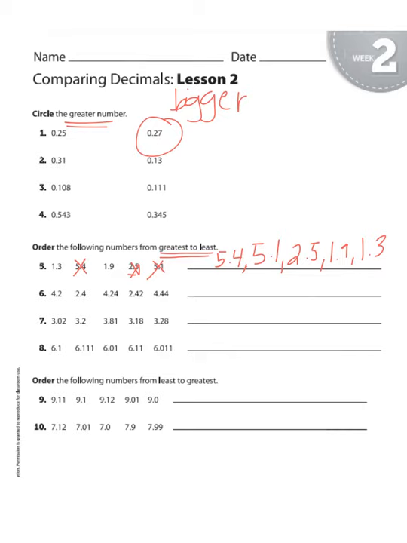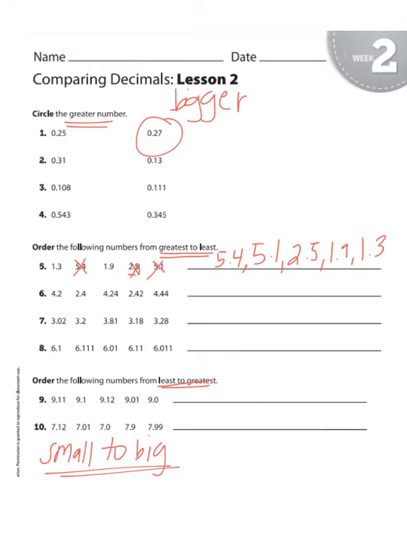And then on 9 and 10, you're going to order the numbers from least to greatest. So on number 10, you're going to go from smallest to biggest. I'll make a little note down here. Small to big. So on number 9, we have 9.11, 9.1, 9.12, 9.01, and 9.0.